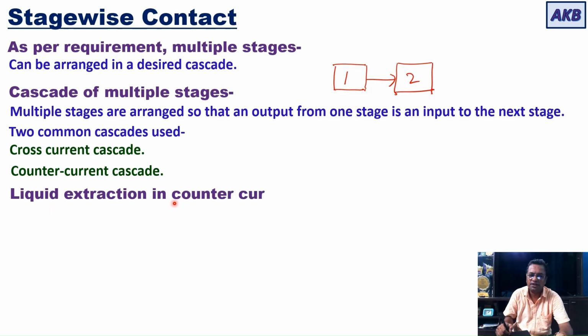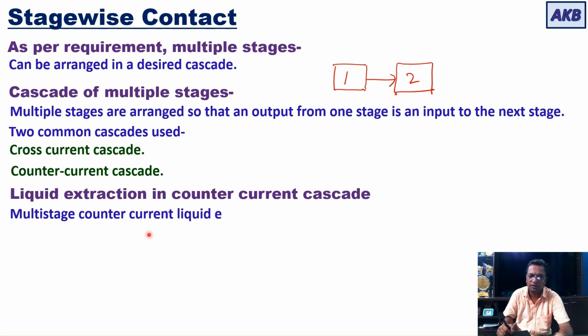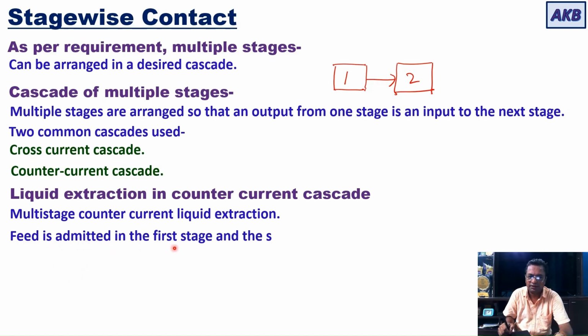When liquid extraction is carried out in the counter-current cascade, then you have multi-stage counter-current liquid extraction. Multi-stage because there are multiple stages. Counter-current because the raffinate and extract phases are flowing counter-current to each other. In this case, I will shortly show the schematic diagram.